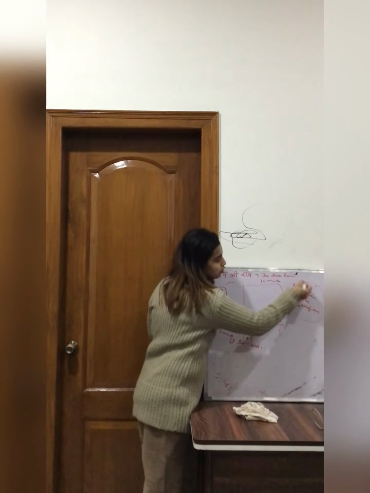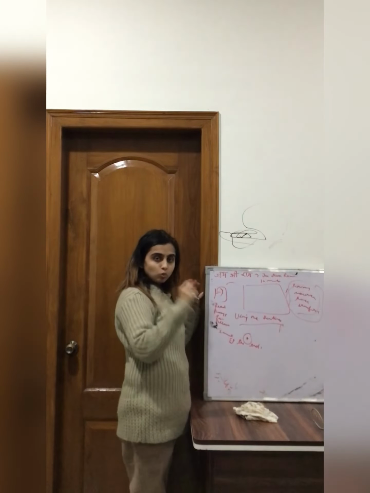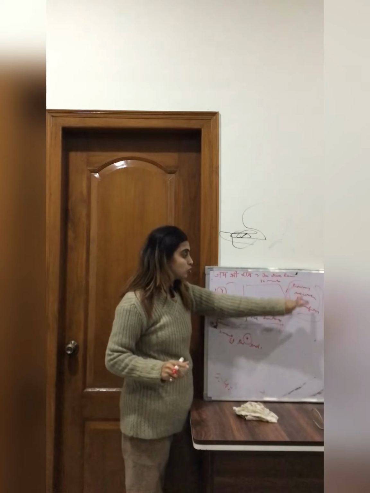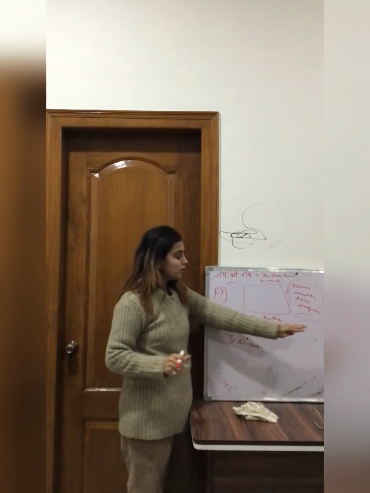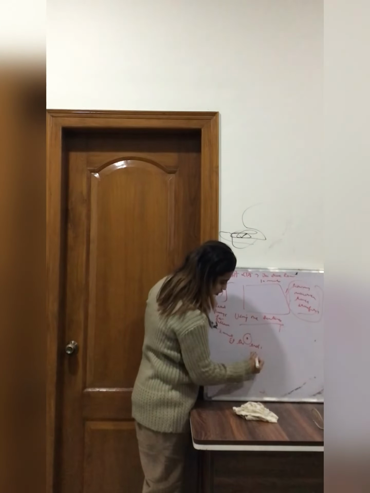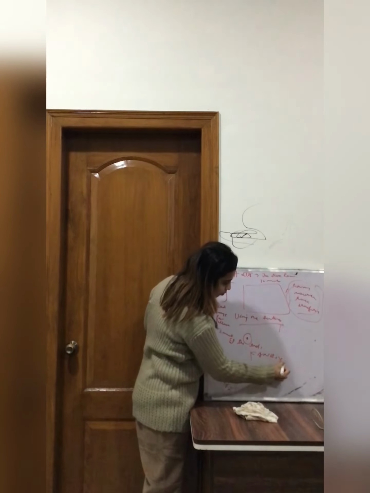So basically, if you are using these words in between the sentences, I'm again saying, if you are using these words in between the sentences, you need a comma before and after. But if you are using any of the fanboys, now what is fanboys?